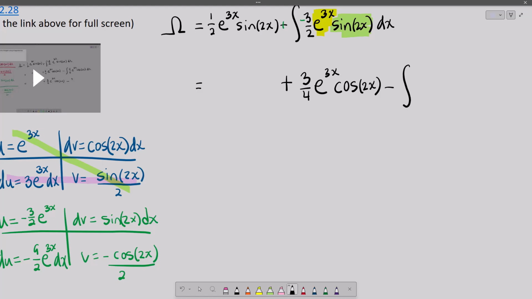Minus the integral, bottom row, the voodoo. So there's the voodoo part. So minus the integral of the product here, the constant part, negative 9/2, negative 1/2, that's positive 9/4. And then e to the 3x cosine.